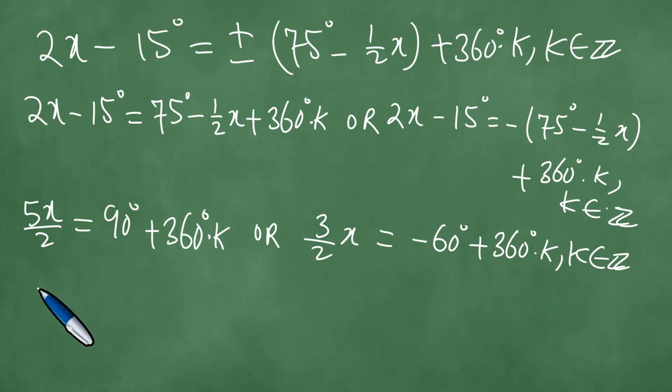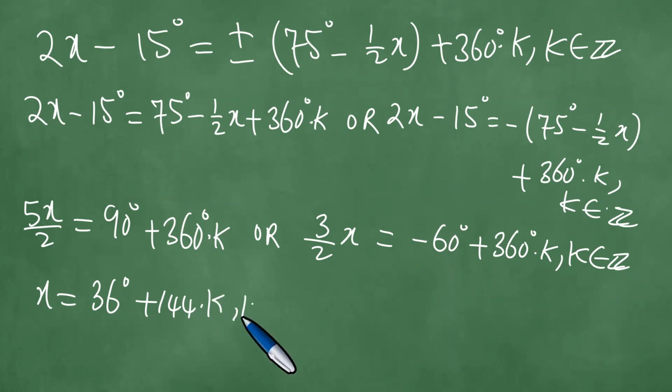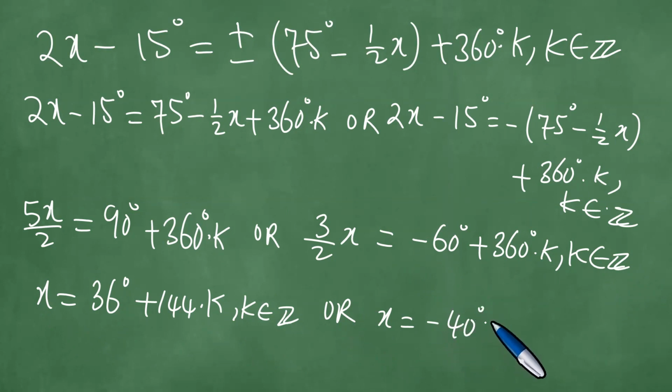If you solve here, we get 36 degrees plus 144 times k, where k is in the integers. Or this is exactly minus 40 degrees plus 240 times k, where k is in the integers.